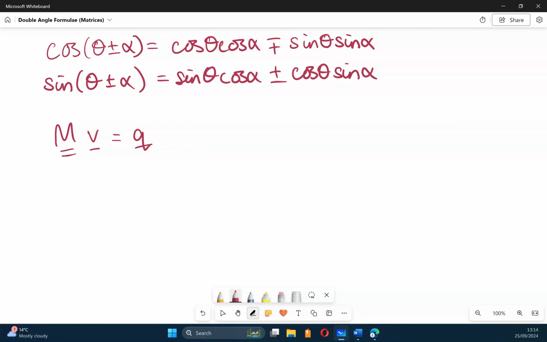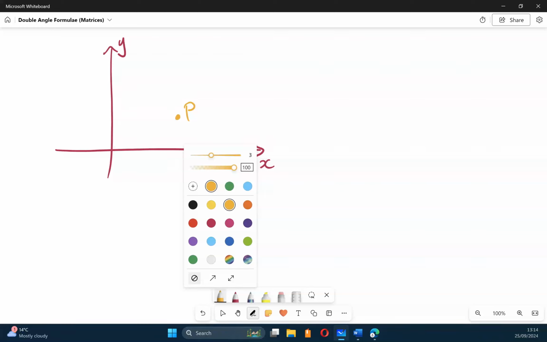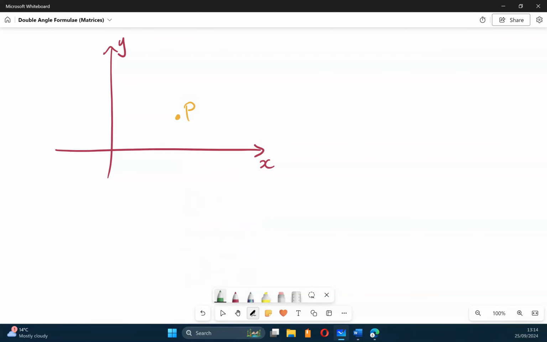And what we could do in these cases is say, well, imagine I had a y-axis and an x-axis, and then we have some vector that we'll call p. And then M acts on this to make an image of p somewhere else. So it might do some operation and put p here. So the image of p we'd call p prime.